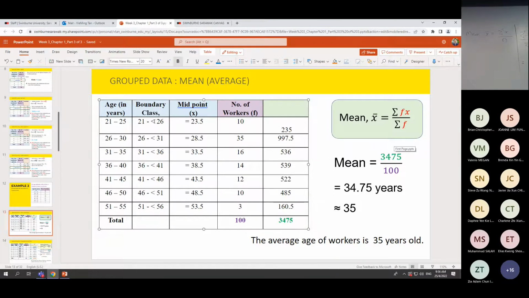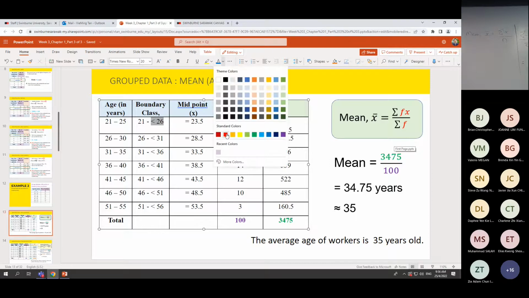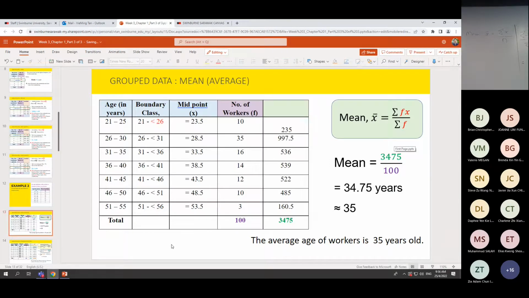So the new thing is here now. This part we need to adjust. The second class is also the same: we start from 26 to less than 31. We continue the same process until the last class, which is 51 to less than 56. We need to adjust all of these, and this is called the boundary class now.